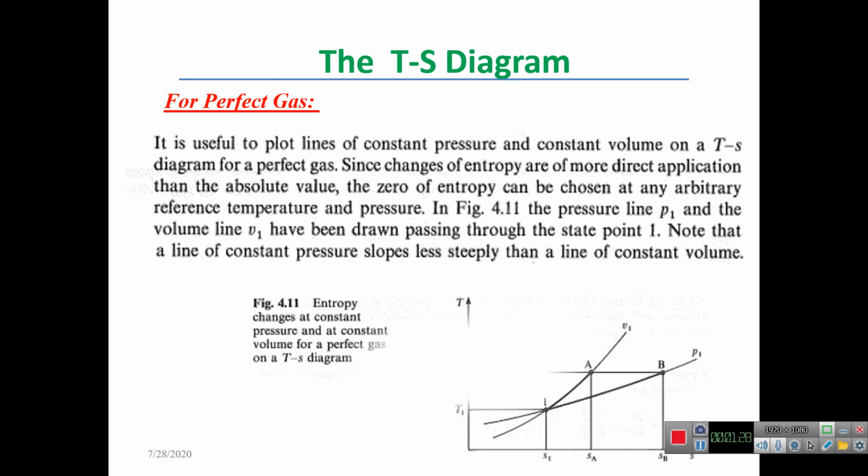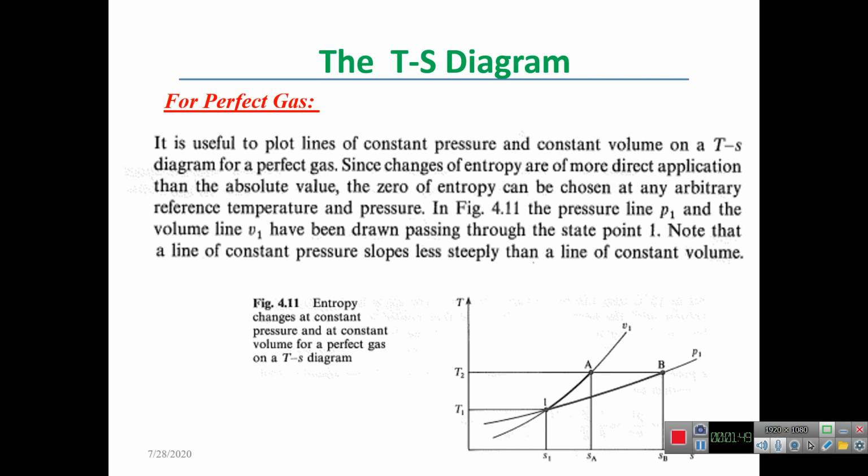A TS diagram is shown here in this figure, and we will start with perfect gases. TS diagrams can be used for perfect gases, and they can also be used for vapors, as we will see later during this class.